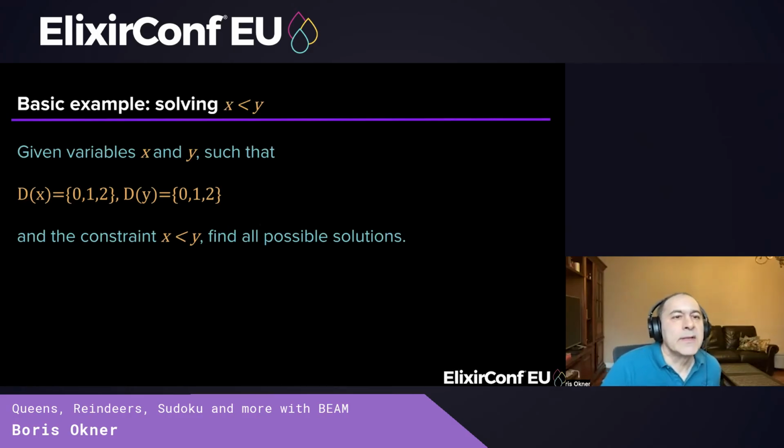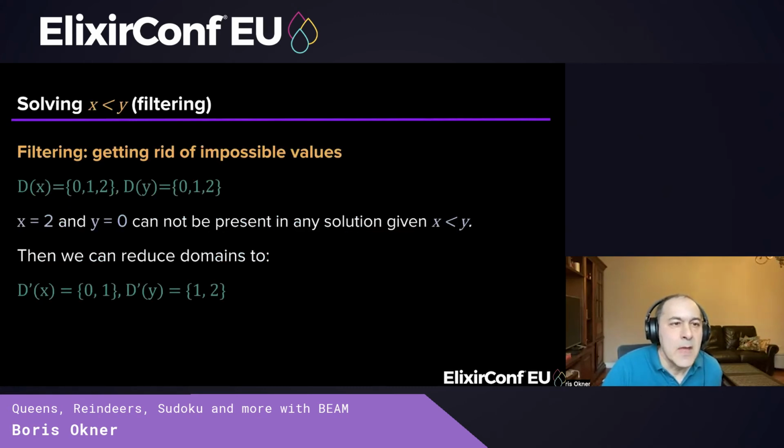Just to illustrate it, a tiny example. We want to solve x less than y, given two variables, x and y. Each variable has 3 values in its domain, and we want to find all possible solutions. So filtering is the first step the solver does.